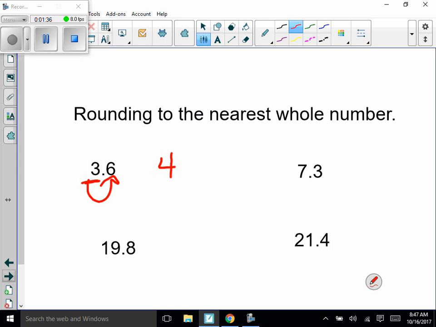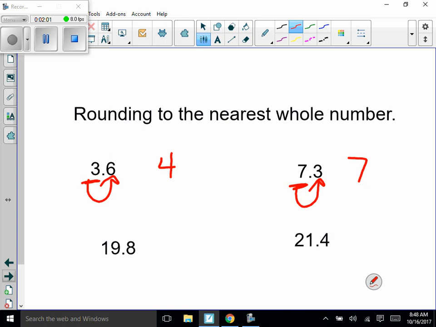Go to 7.3 over here. So I underline what I'm rounding, which is a 7, and I draw an arrow to the one where I am, that tells me if I can round up or round down. And this one, is it 5 or more? No. It's 4 or less, so that means I let it rest. What happens here is you keep the 7 a 7.